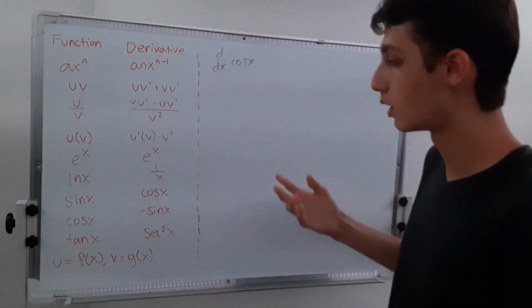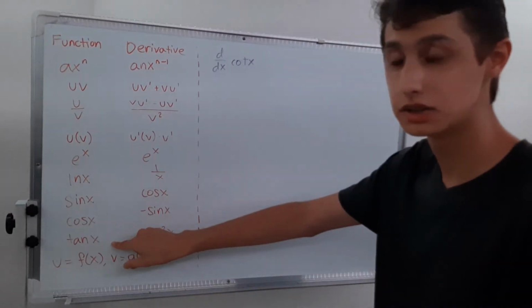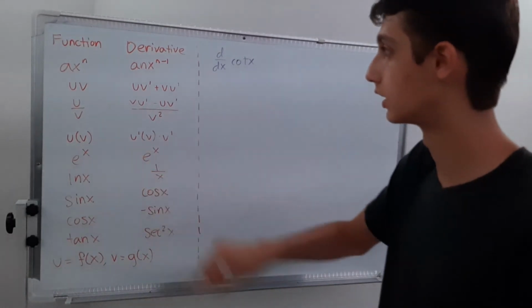Alright, so now we're going to work with cotangent. So the derivative of tangent x is secant squared x. You can find that by doing the quotient rule of sine and cosine.